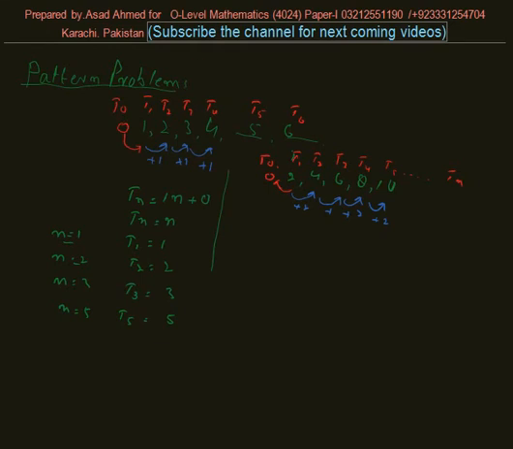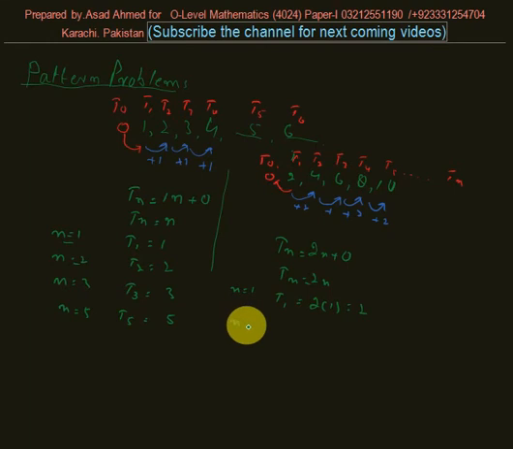Now the formula is quite easy. Tn is equal to, the fixed difference is 2, so it is 2n, plus term 0, which is 0. So Tn is equal to 2n. Now when n is equal to 1, T1 is 2 times 1, so it will become 2.